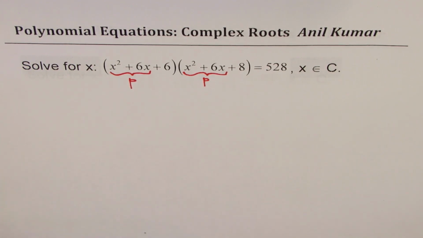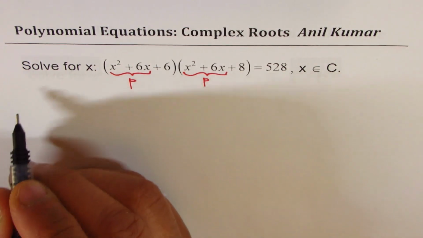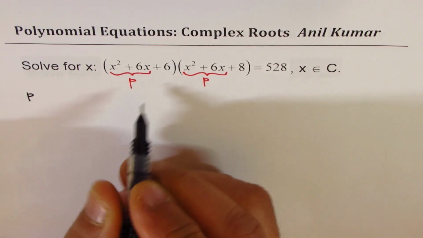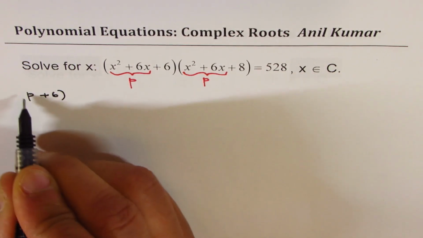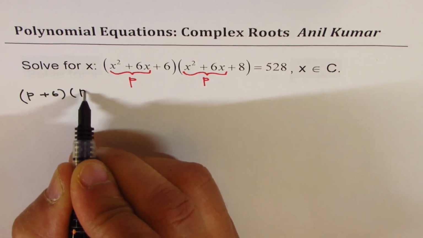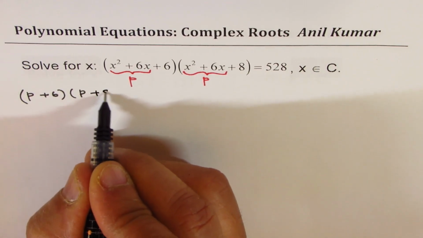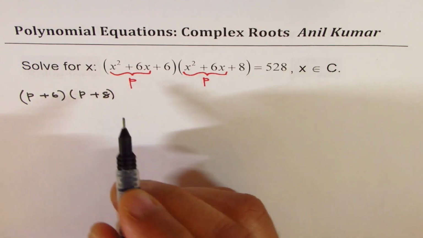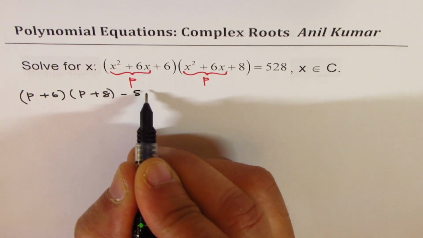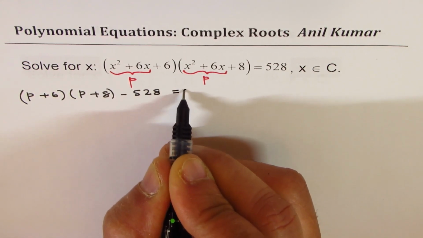We could rewrite the equation now in terms of (p plus 6) times (p plus 8). Let's bring 528 to the left side. So we get minus 528 equals 0.